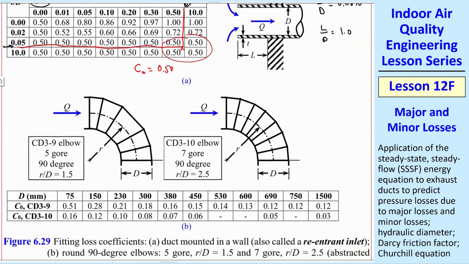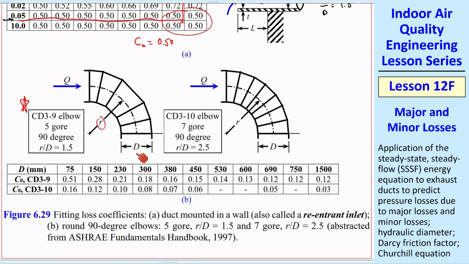We also had these elbows, CD3-95 gore. Gores is the number of sections in the elbow. They're usually made out of sheet metal. 90 degree, R over D, the radius of curvature is 1.5. And we had a diameter of 230 millimeters given. So we're using this column and we're using this row.